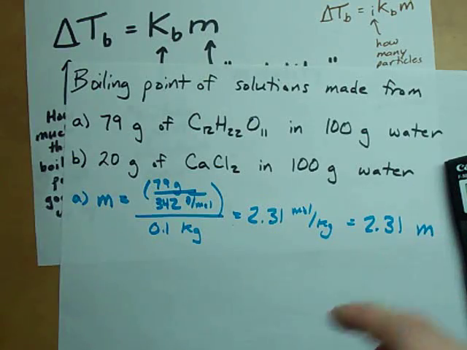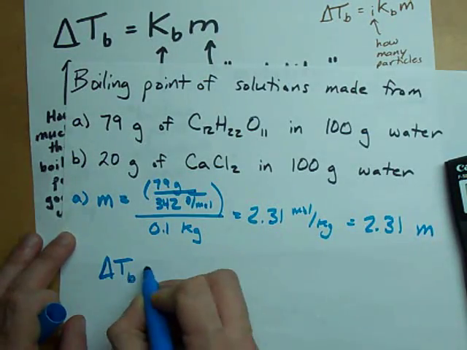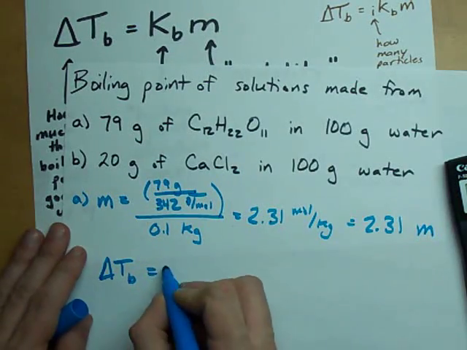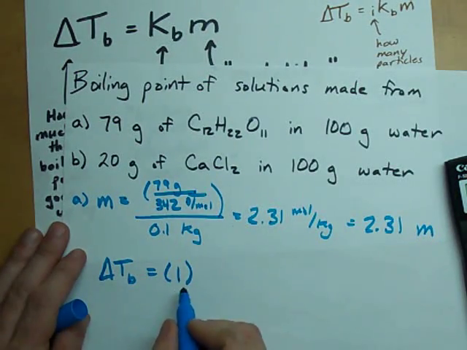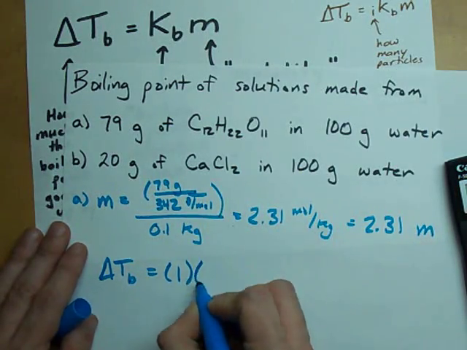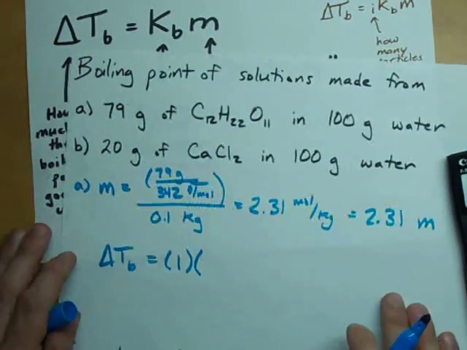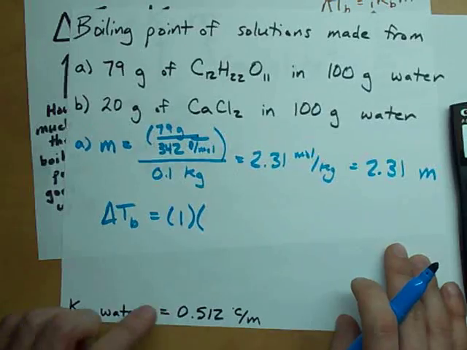So, here we go with the formula. We end up with the change in boiling point is i. Sugar doesn't break up. It's not an ionic compound, so it's not going to give off more than 1 particle when it dissolves. It's just going to stay the way that it is. Times the Kb for water, which is 0.512.